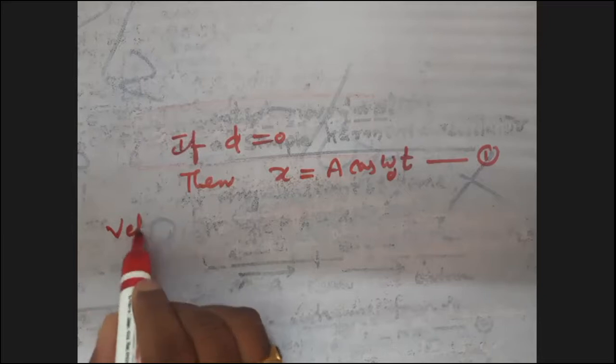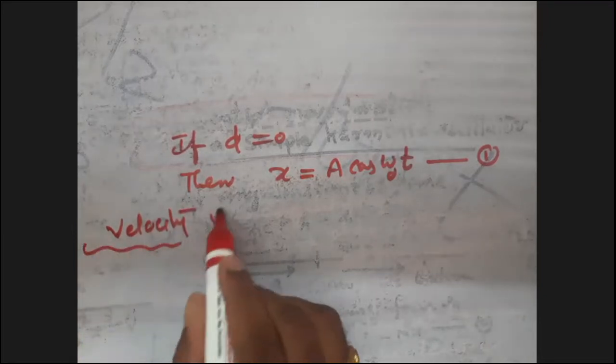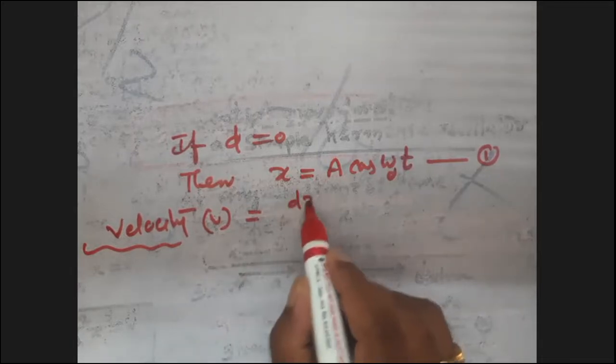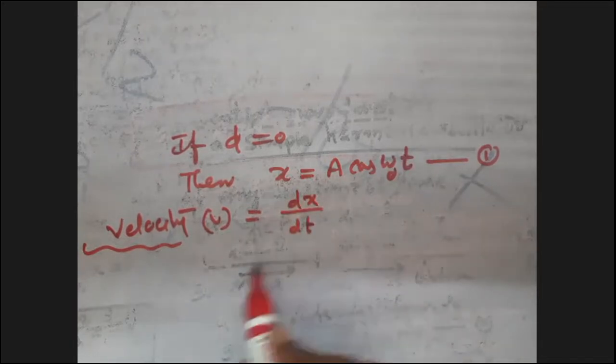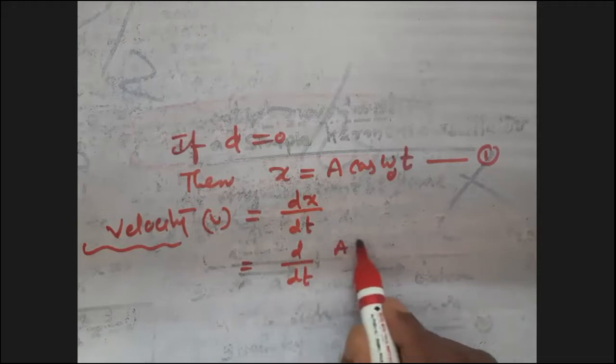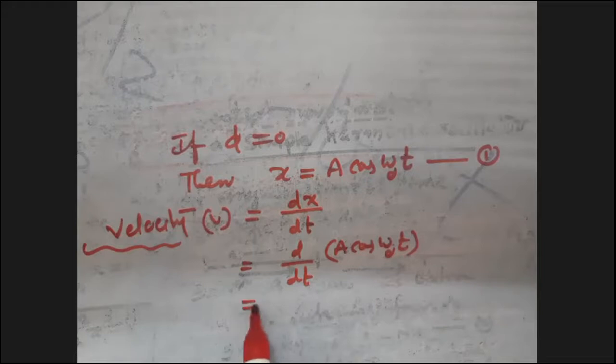Now, the next physical characteristic of the simple harmonic oscillator is velocity. How do we define the velocity? v is equal to dx by dt, right? That equals d by dt of A cos of omega naught t, A being a constant outside.